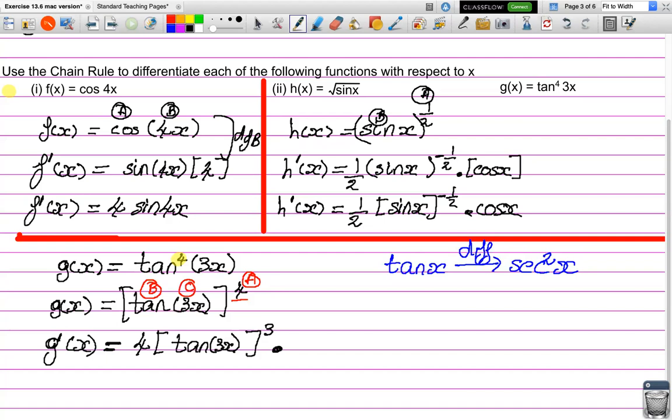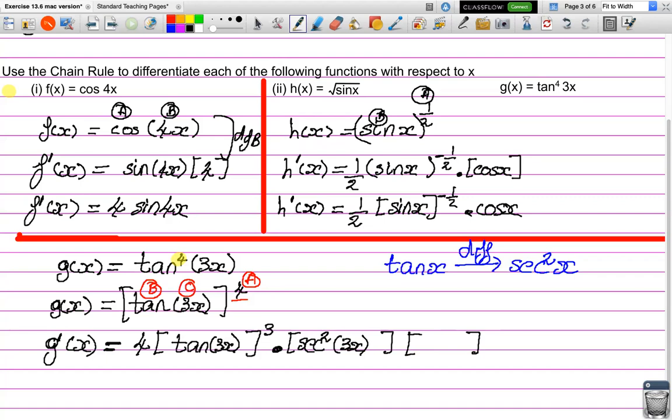Now that is in the formula book. So here I do my bracket, I differentiate the tan. What does it become? It becomes sec squared, and nothing else changes. The 3 on x remains the same. And then finally, we're going to be multiplying by the differential of c.